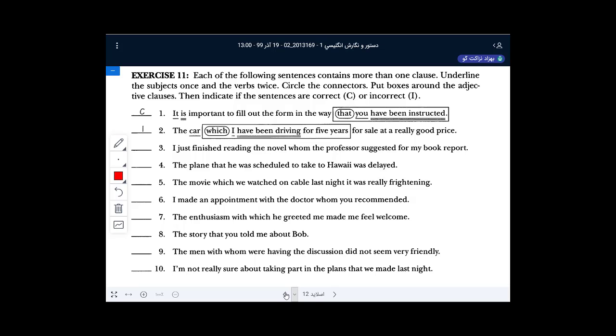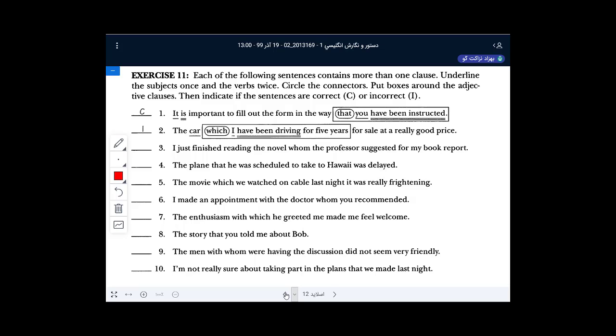When you are recognizing the adjectival clauses, there were 3 requirements. First, is there any connector? Yes. Do you see any subject and verb? Yes. Does it modify the noun? Yes, it makes sense. Now, when you want to see whether the connector is correct or not, should I use that for inanimates?